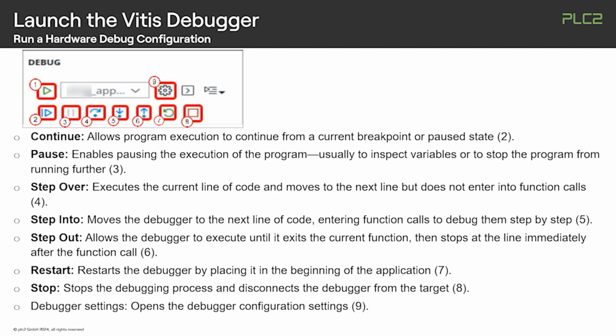The run control from the Vitis debugger, I think this is quite familiar to you. We can run the program, pause the program, step over, step into the functions, restart, stop. So actually, this is the CPU environment of debugging, which does not see how probe signals are supported in the PL.